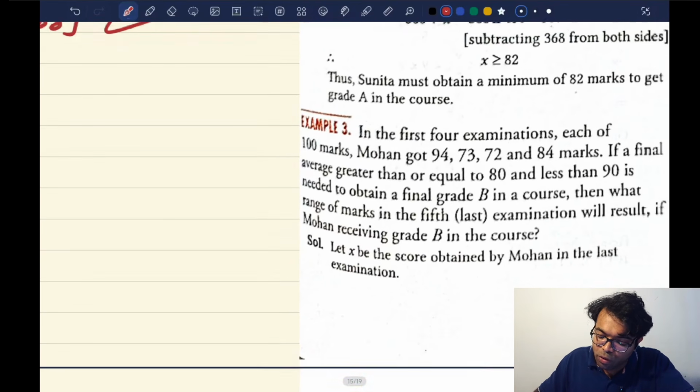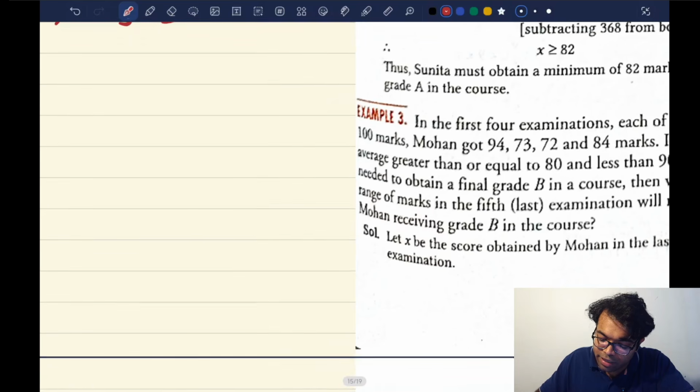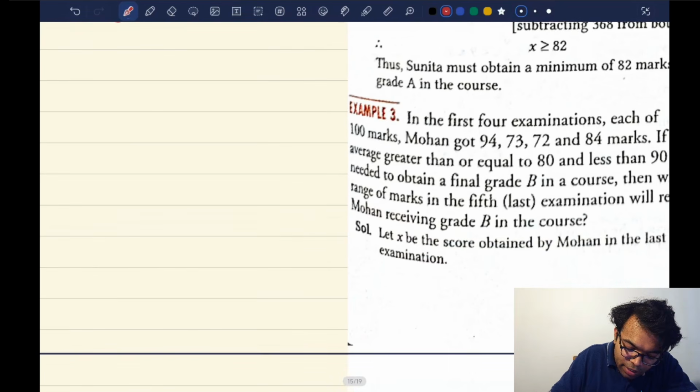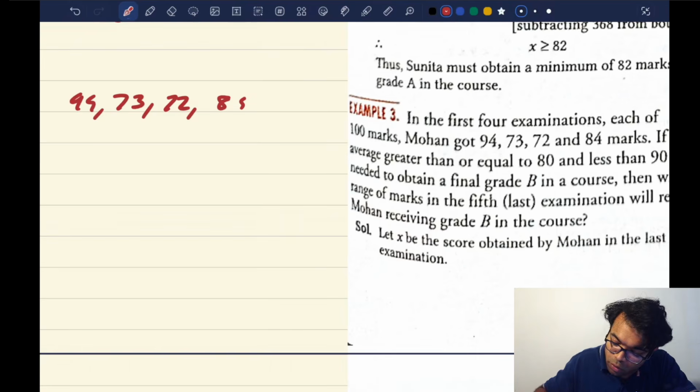In the first 4 examinations, each of 100 marks, Mohan got 94, 73, 72, and 84.